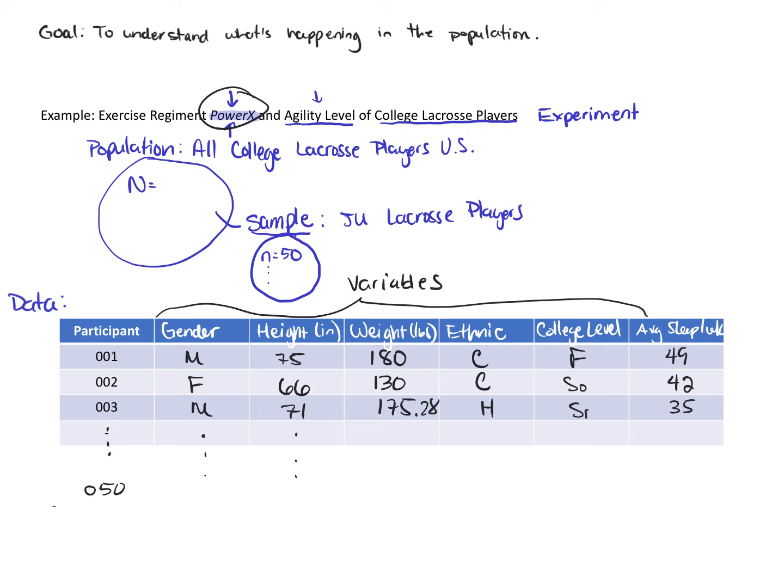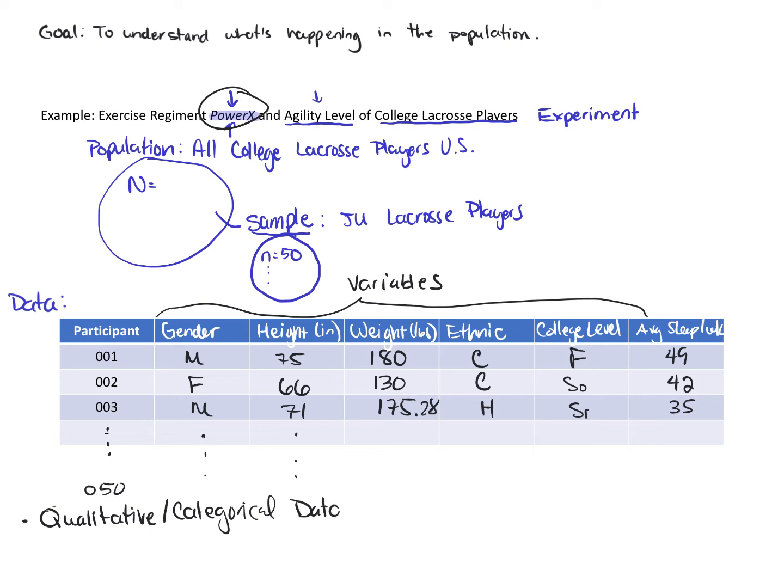All right, so I want us to take a look at the variables and the type of data that we collected. So there are two types of data that you can collect. So data can be qualitative, and qualitative is also sometimes called categorical data.